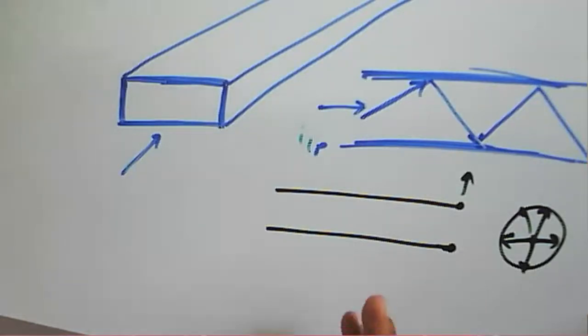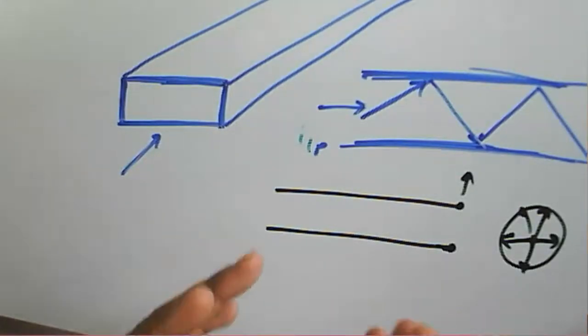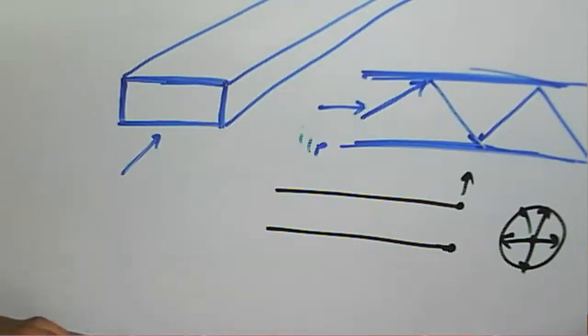So that's why a two-wire line or coaxial wire is not used at microwave frequency. When we propagate the wave through this wire, the wave will radiate into space at high frequency.